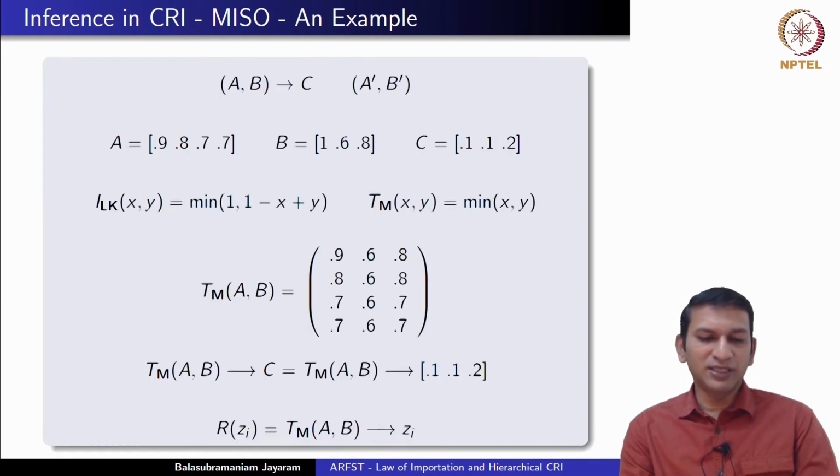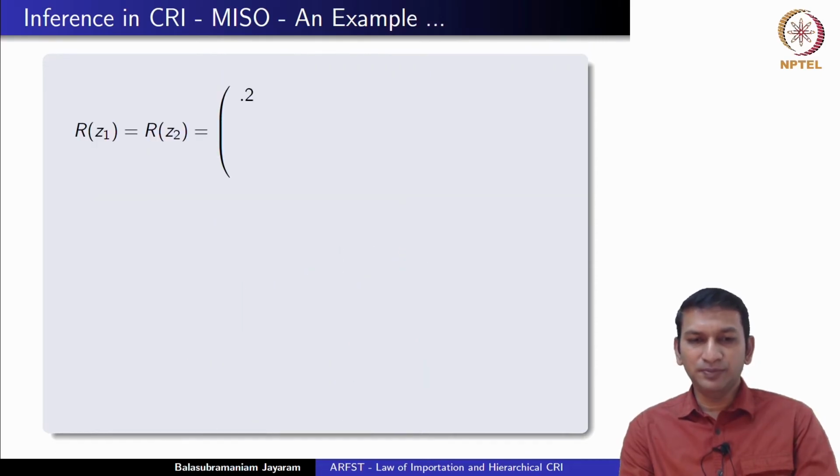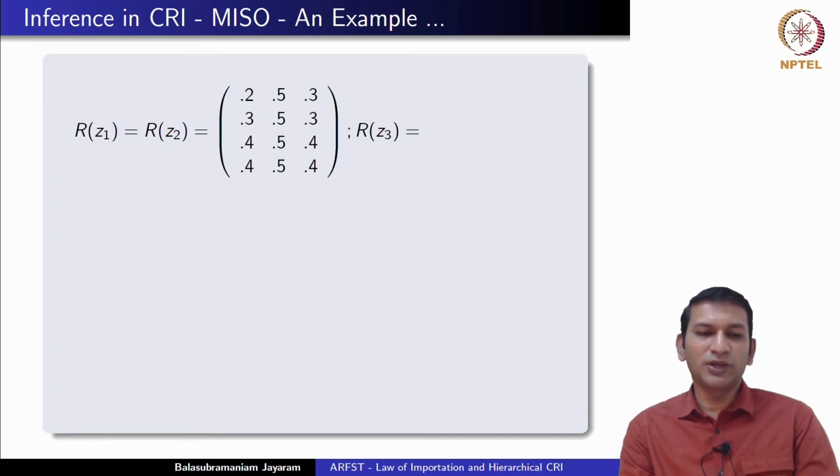Once again, we have seen this: we take every element of Tm of AB and then use the implication with 0.1. So 0.9 and 0.1, we are using the Lukasiewicz implication, each one of them, and this is how we are obtaining the values of the matrix.